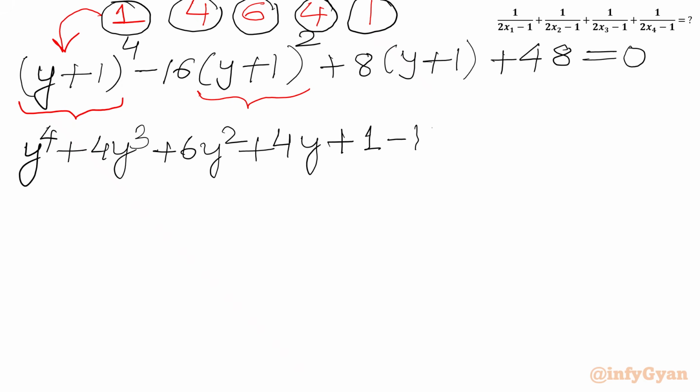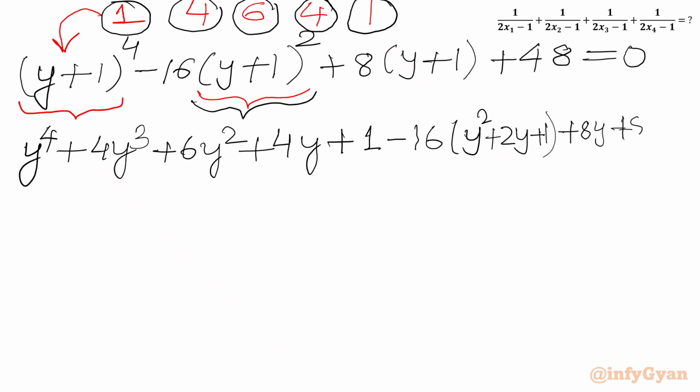Minus 16 times, then we can use the a plus b whole square formula here. We can write y square plus 2y plus 1. Then we have 8y plus 8 plus 48, RHS is 0.